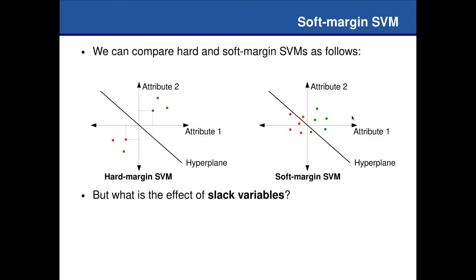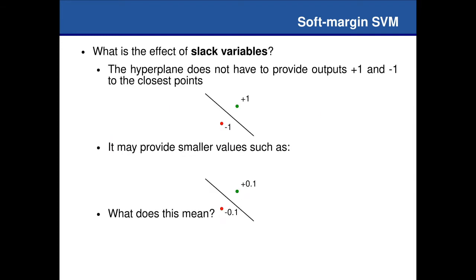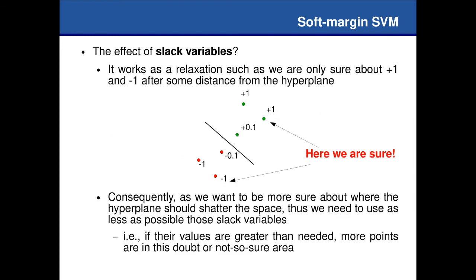That's the same as saying, okay, maybe I must have positive 1 for these points, and this could be like positive 0.5 and 0.5 for this. So what it means is I'm sure about the classification of these points. What about these? I'm not that sure because they are closer to the hyperplane. And for this, I'm relaxing and saying, okay, I will accept some points on the other side of this hyperplane. That's a soft margin problem.